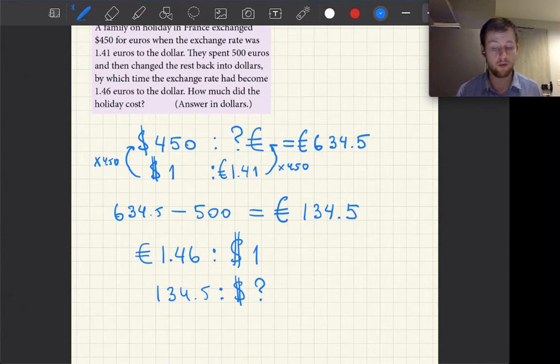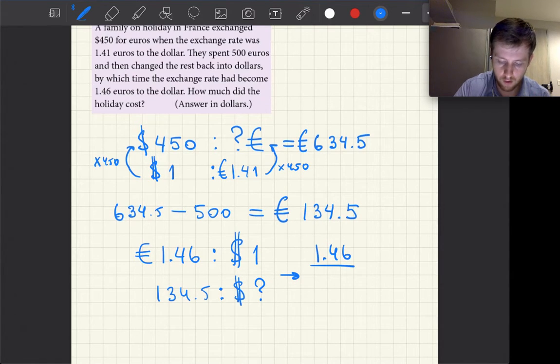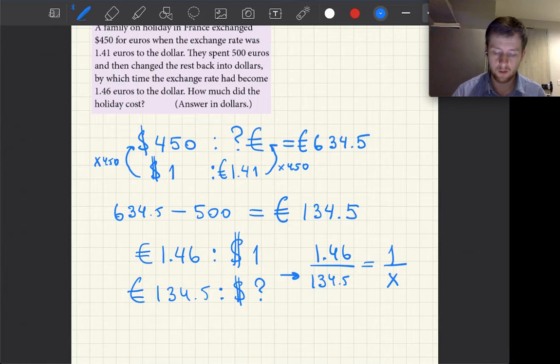Right, how does this happen? This is actually where we can use the methods that I just showed you. We can transform this into the fraction: 1.46 over 134.5 equals 1 over x. Now we can do the cross multiply thing: 1.46x equals 134.5.